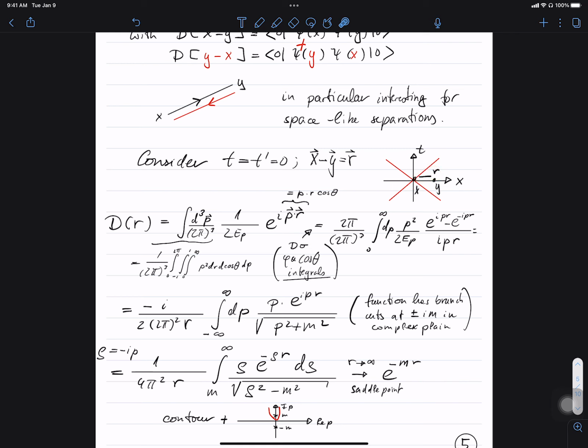They are outside the light cone. They should not be causally connected. Now let's first compute this propagator D(r). This is x minus y. Remember, t minus t prime is 0, and spatially x minus y is r. That's why we call it D of r.